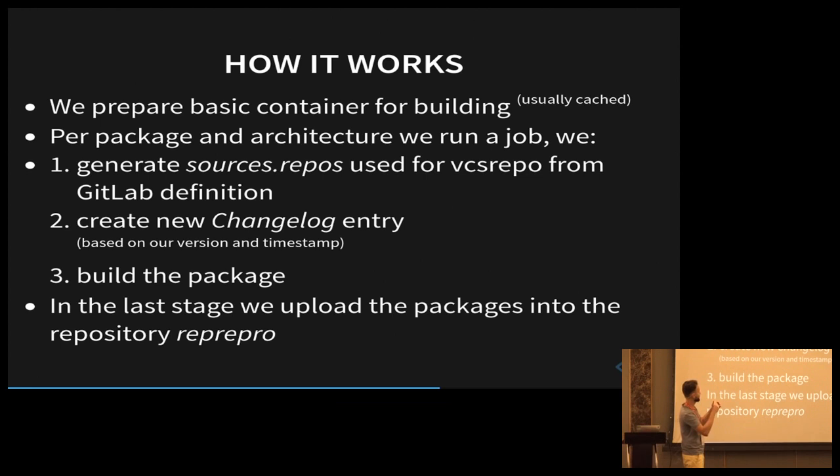In that phase, we generate the sources repos file for the tool I mentioned previously. It gets generated from the GitLab YAML file. Then we create a new changelog entry because we have the timestamp and everything in it, and we build a package. When all the packages finish in the stage, another stage will publish the repository inside the Git which it is operating in.